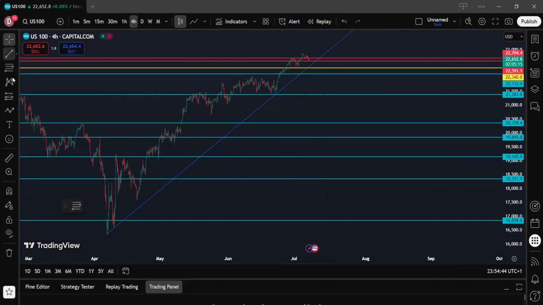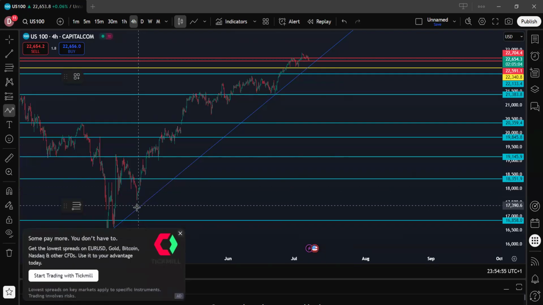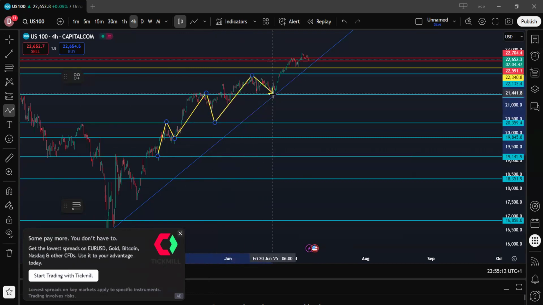If it does play out evenly, so I think NASDAQ sometimes really doesn't respect the structure, but trend lines.